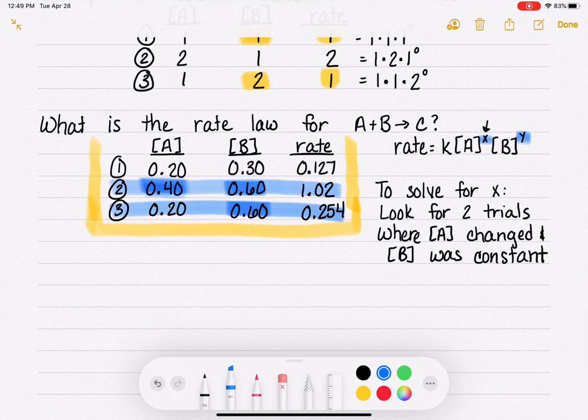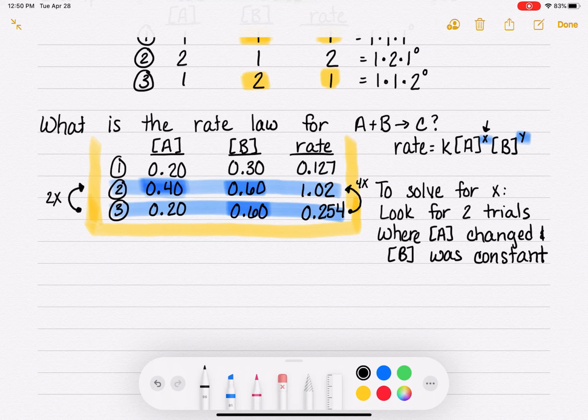And then we want to analyze what actually happened in this reaction. In my brain, it's going to be easy to think about comparing trial number 3 to trial number 2. So when we went from 3 to 2, we doubled the concentration of A. What did we do to the rate? It looks like we quadrupled it.